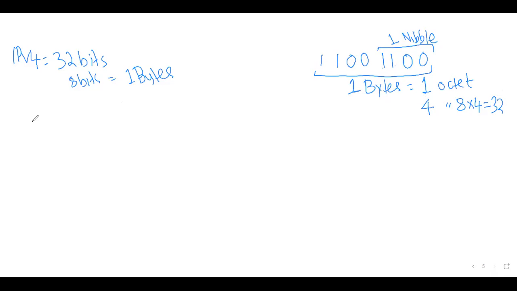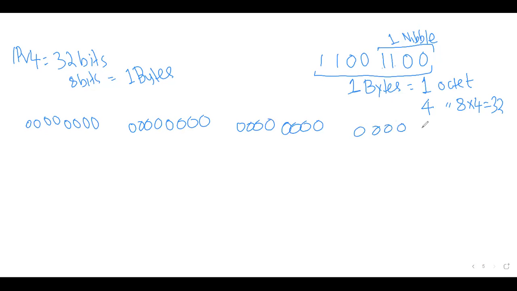For example, I'm going to write 8 binary digits, 8 binary, 8 binary, 8 binary. What's the total number now? 8 times 4, which is 32. And after every 8 bits, there's a dot.